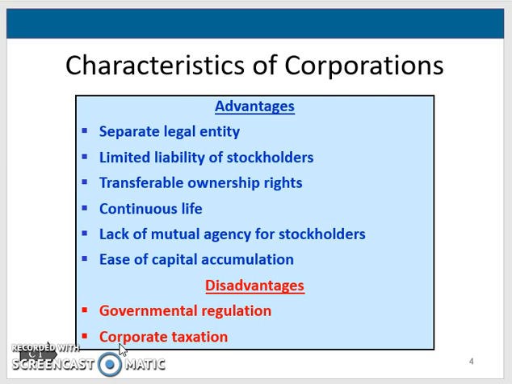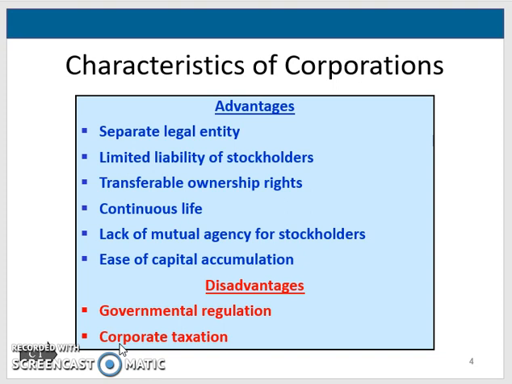So if you bought $1,000 in stock shares, that's the most you can lose. You may lose the $1,000 if that company goes under, but they can't come after your personal assets. Remember when we talked about sole proprietorships and partnerships, you were at risk of being responsible for any debts created by that company. So corporations are a little bit different.